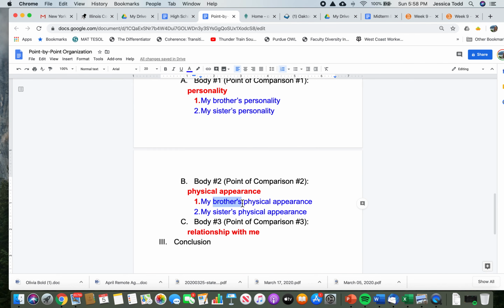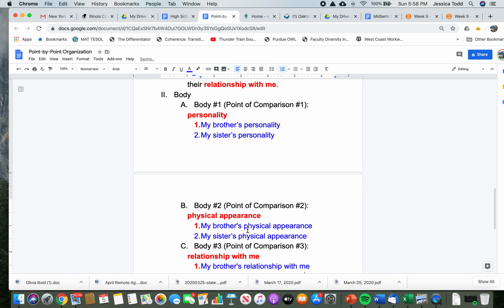First, I start with my brother, and then I talk about my sister. So body number 3 is going to be the same way. I'm not going to talk about my sister first because she needs to go second. I need to keep the same order. So here I'll say my brother's relationship with me, and then, of course, my sister's relationship with me.